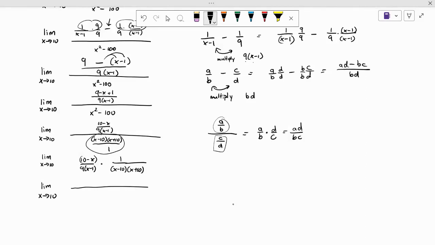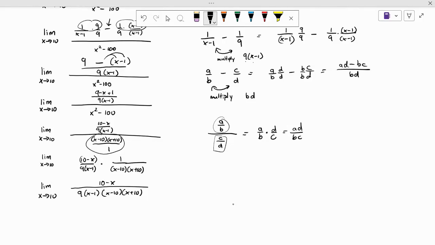Now you can just think of that as having a 10 minus x on top, and then a bunch of factors on the bottom. Do you see cancellation? Yeah, the x plus 10 and 10 minus x.